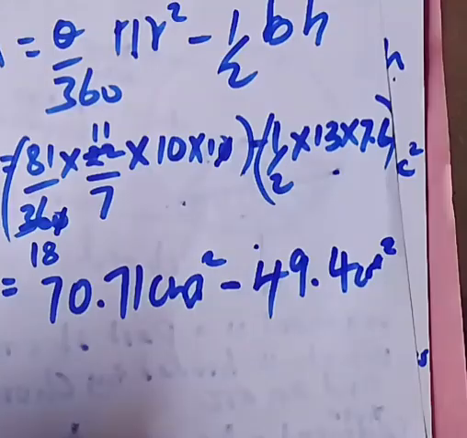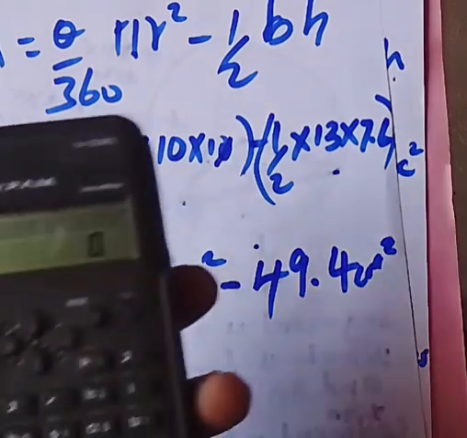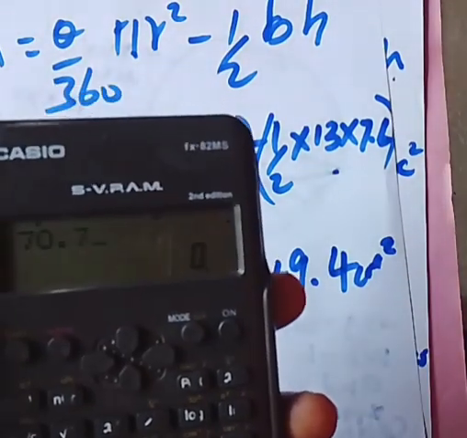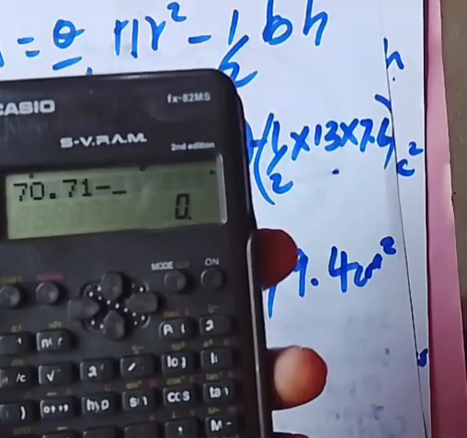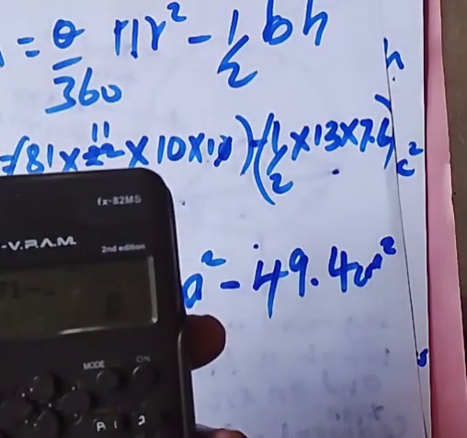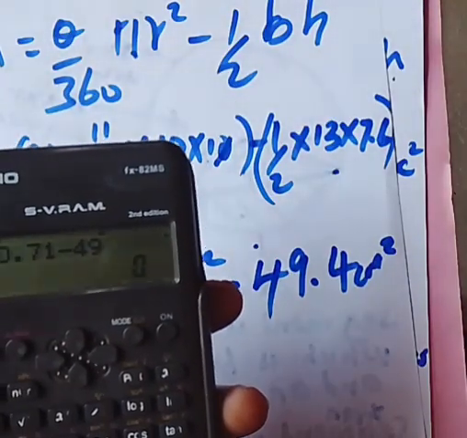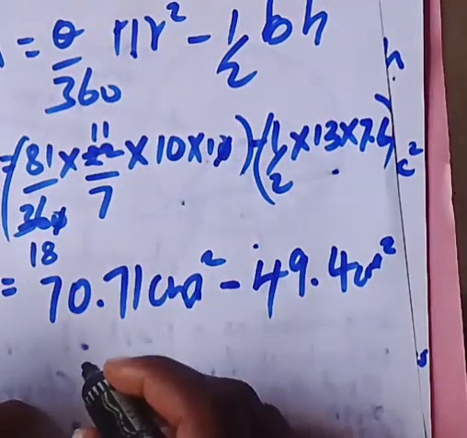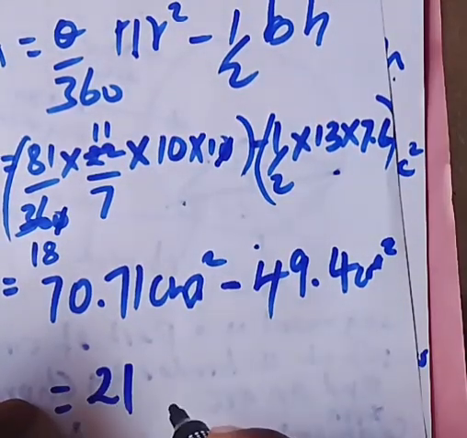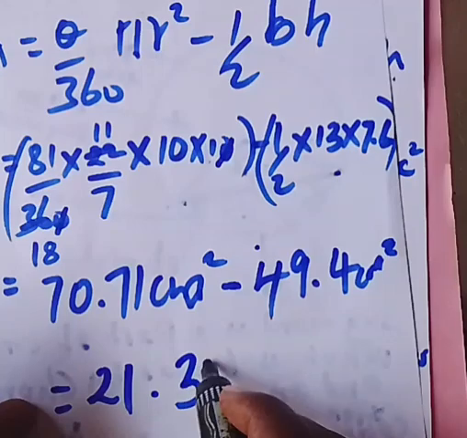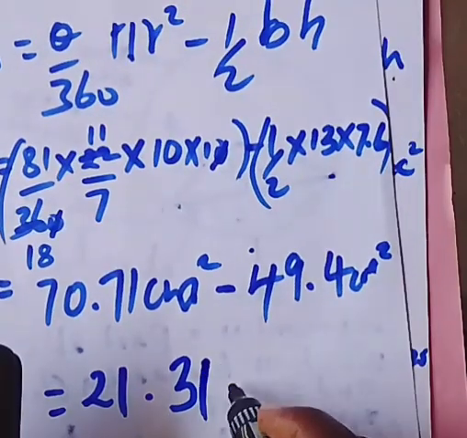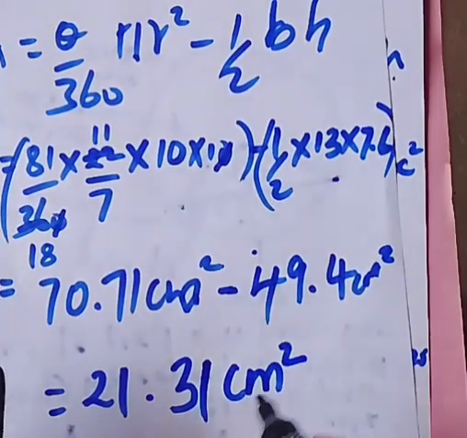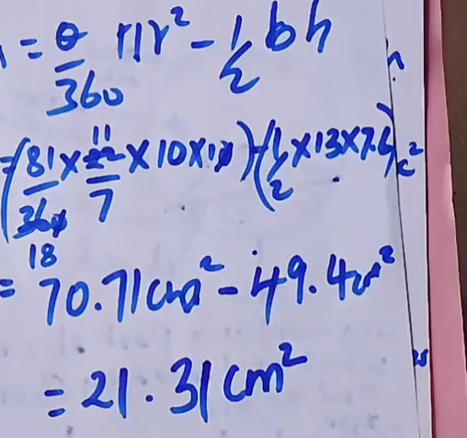You subtract them, 70.71 minus 49.4. Click the answer, you get 21.31 centimeter squared. So that is the area of that segment.